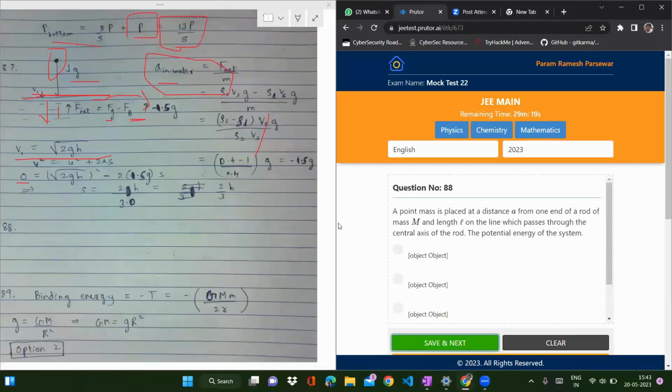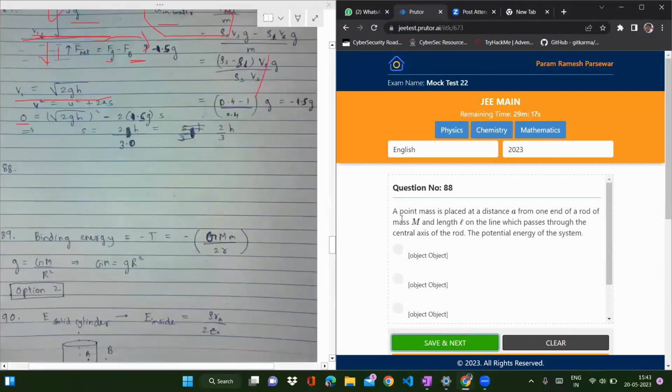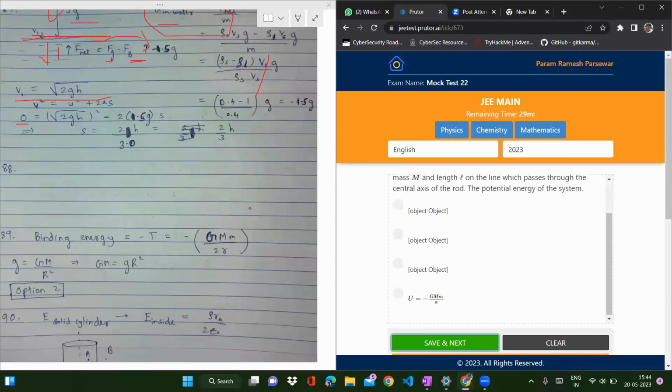Now in the next question, it is asked: a point mass is placed at a distance A from one end of a rod of mass M and length L, on the line which passes through the central axis of the rod, and the potential energy of the system is asked.